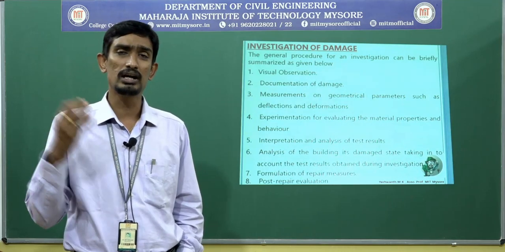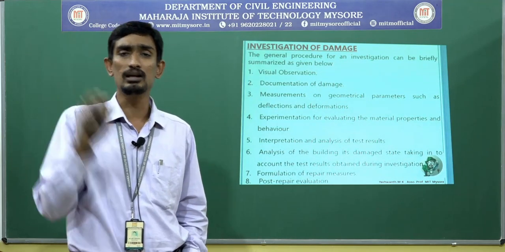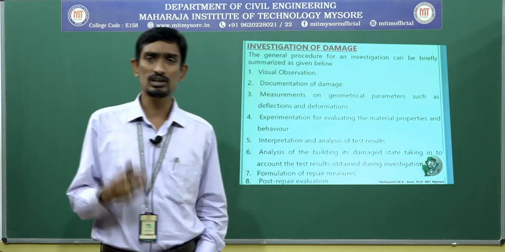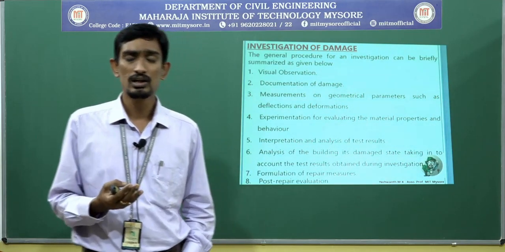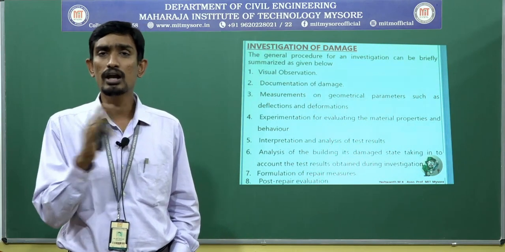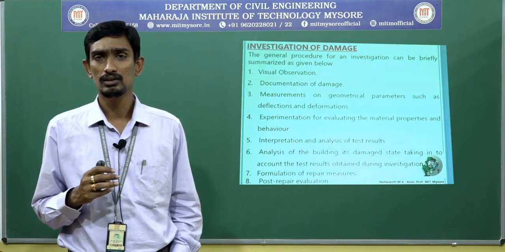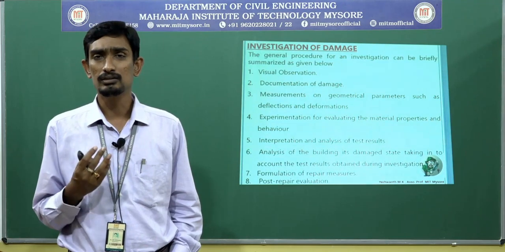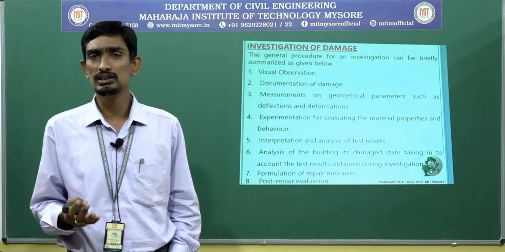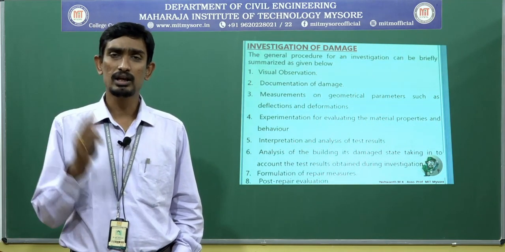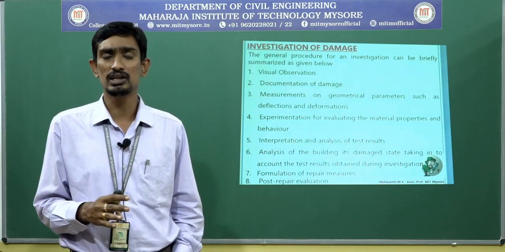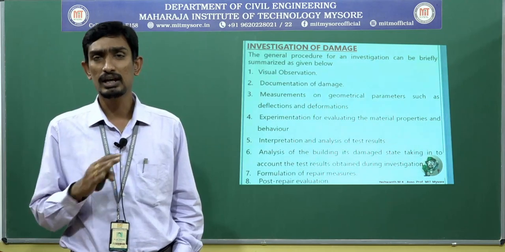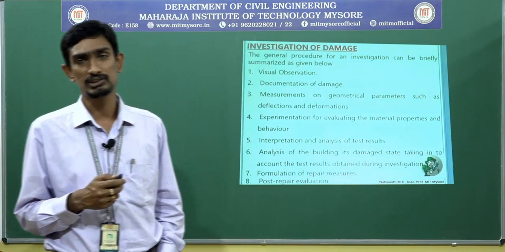If they conduct any test on a particular concrete element, non-destructive testing, semi-destructive testing or destructive testing, I am going to get the results and correlate them. I am going to interpret and analyze the results to see whether this particular material, concrete element or reinforced concrete structure is safe or not. That is interpretation and analysis of test results.